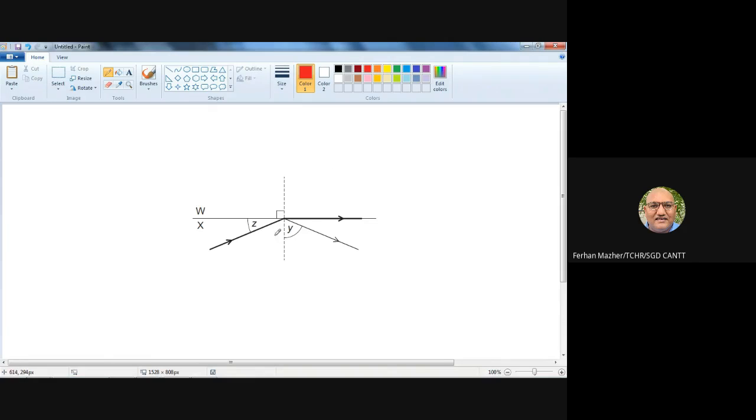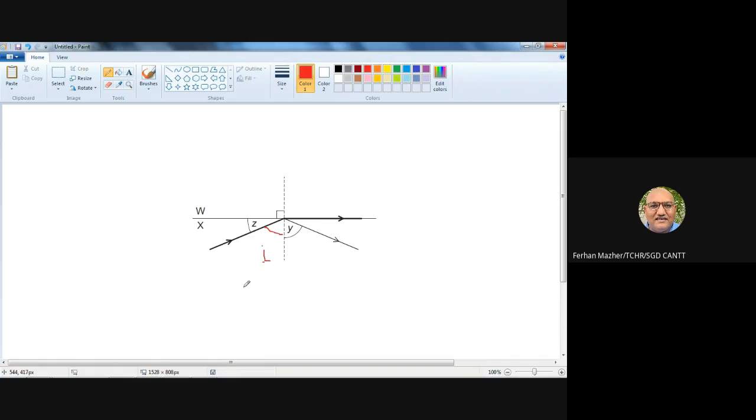So this is the angle of reflection, and this will be the angle of incidence. You know the angle of incidence and angle of reflection, they both are equal. In total internal reflection they should be equal.